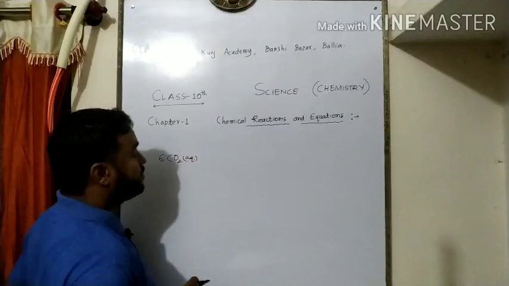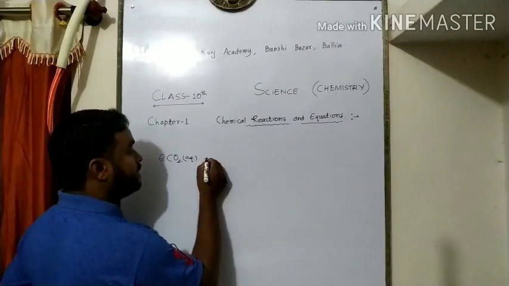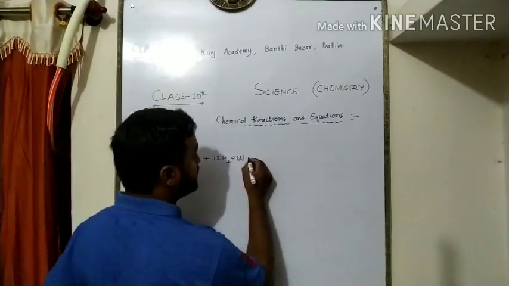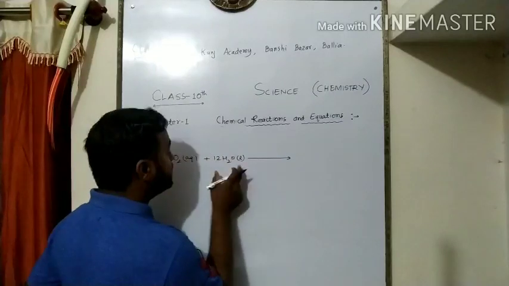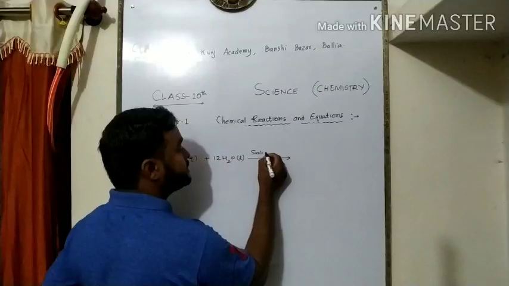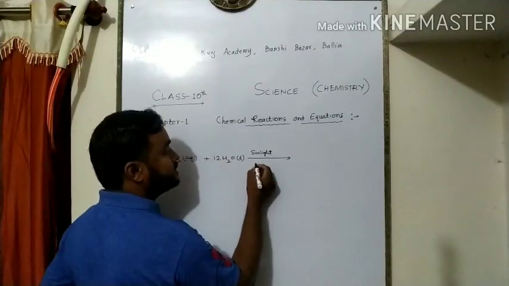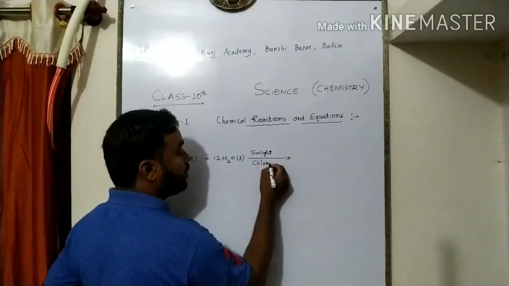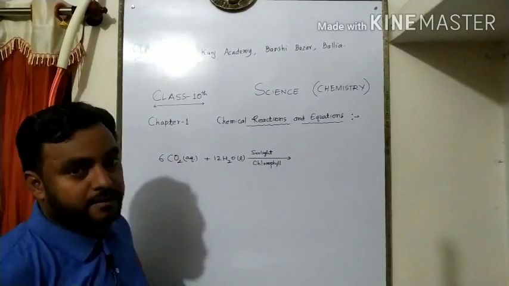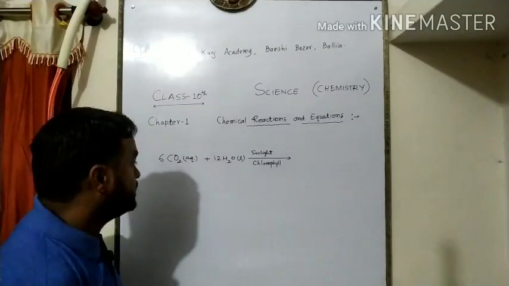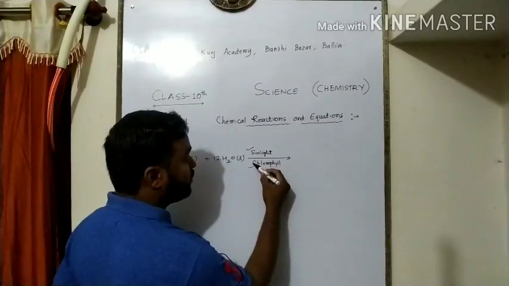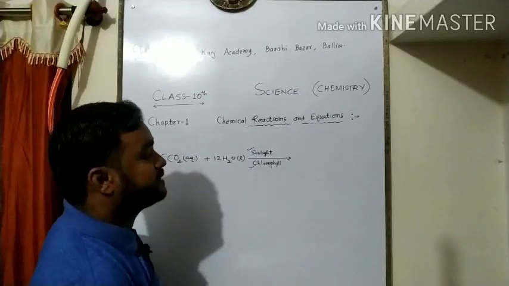This is the aqueous form of dissolved carbon dioxide, where it reacts with H2O present in liquid state. These are allowed to react in presence of two things: sunlight and chlorophyll. Very popular chemical reaction of class 10th.